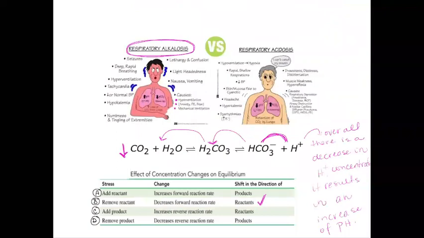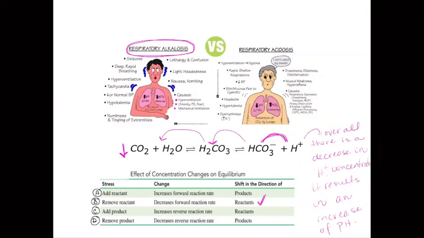Now, what happens if instead of having respiratory alkalosis, we have a condition that results in respiratory acidosis? Understand that I'm going to be erasing these notes, but this is just a copy of the slide that we were talking about. So don't be afraid that all of a sudden the notes are going to be gone.